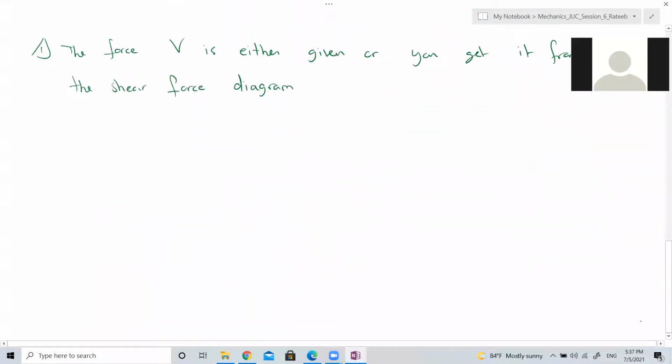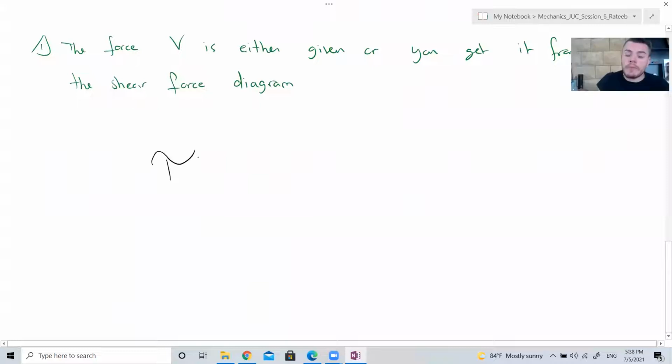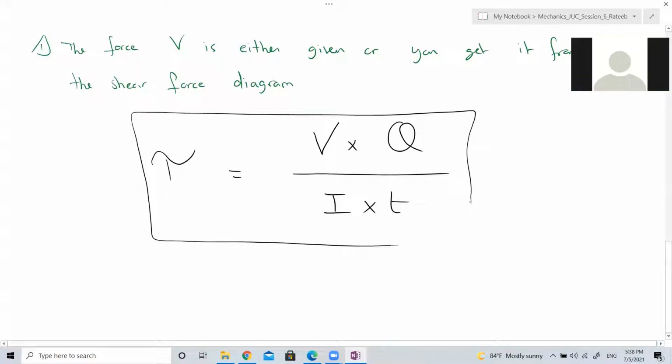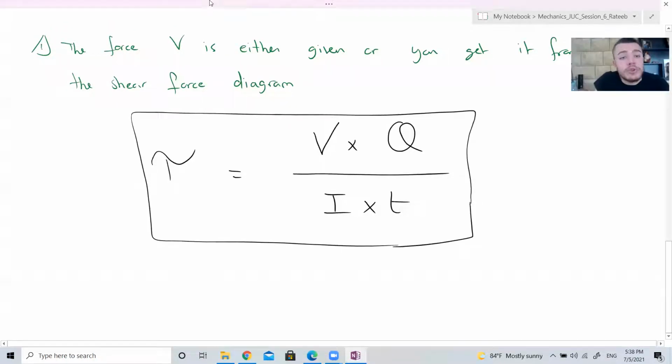Yes. Now, what is the formula for the shear stress? It's equal to V times Q over I times T. This is the formula that you will be using from now on whenever you are asked to find shear stresses.